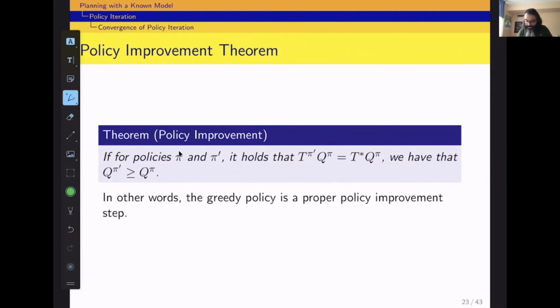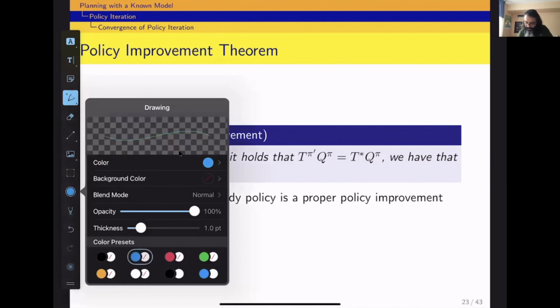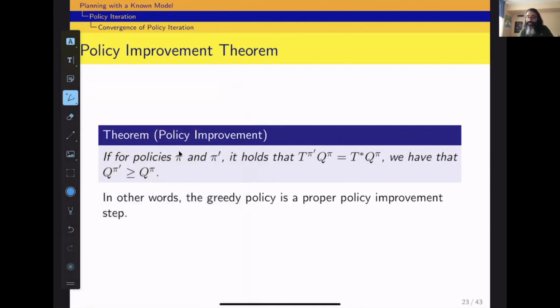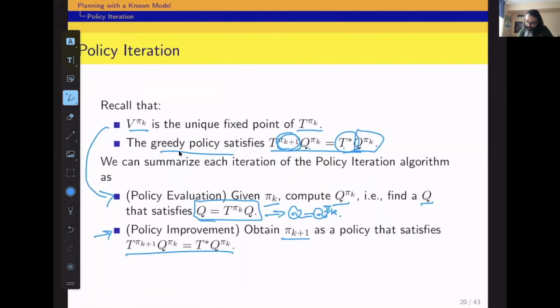So let's go through the statement of the theorem. It says that, suppose for policies pi and pi prime, it holds that T pi prime of Q pi is equal to T star of Q pi, which basically means that pi prime is the greedy policy with respect to Q pi. I think we had it a few slides ago.